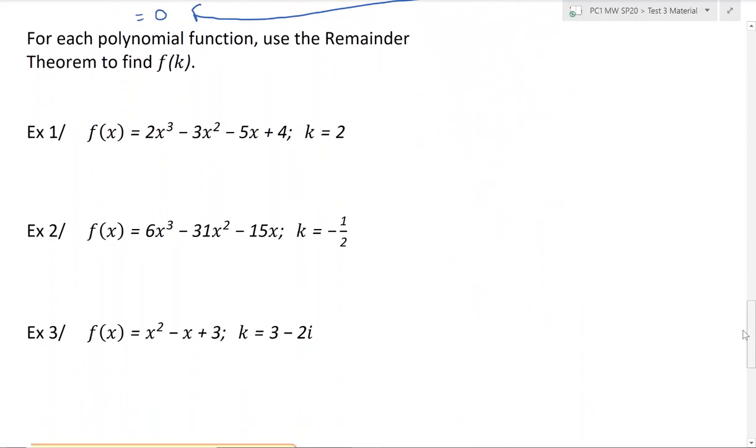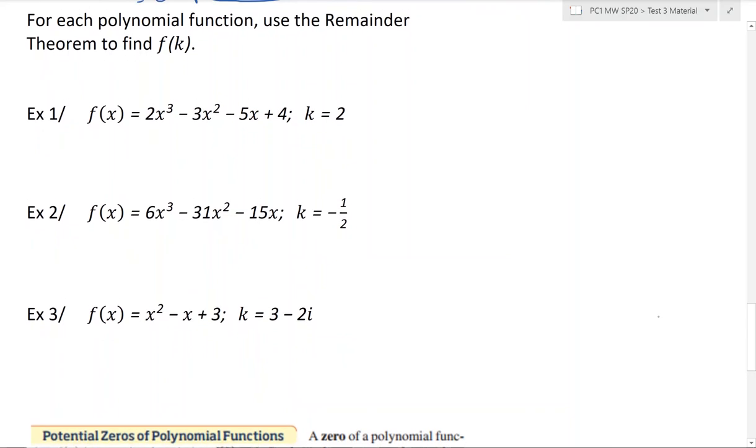We're going to use the remainder theorem here to find f of k. This is not unlike something that you would see on an exam. You are expected to understand what the remainder theorem says and how to use that to find f of k. You'll be showing your work on your exams and uploading that for me to grade.